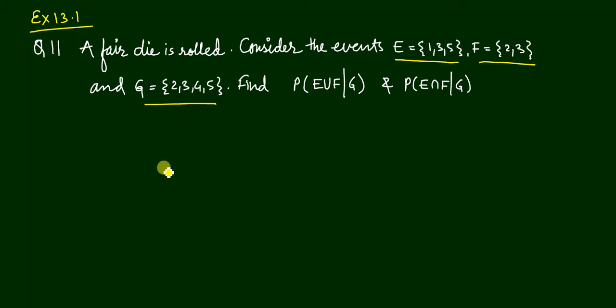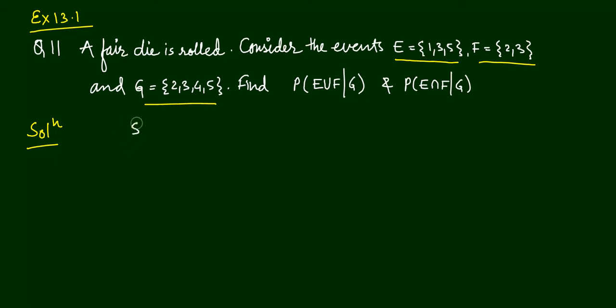We have to find out E union F when G is already happened, and E intersection F when G is already happened. Okay, so our experiment is throwing a die or rolling a die.